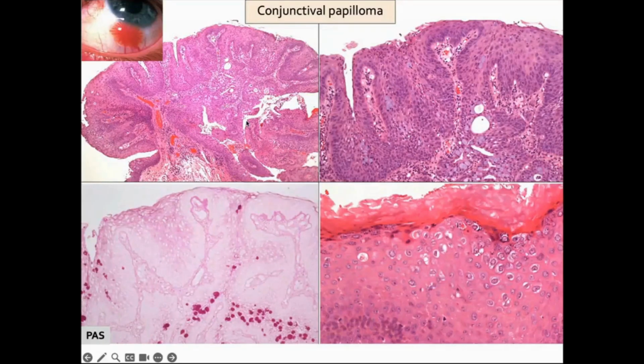Because they can be exophytic and grow quite large, they can develop a squamous cell differentiation and on the surface can even show keratinization, as you can see in these two images on the right. They can be associated with an HPV virus and typically HPV 16, and this can be stained for.